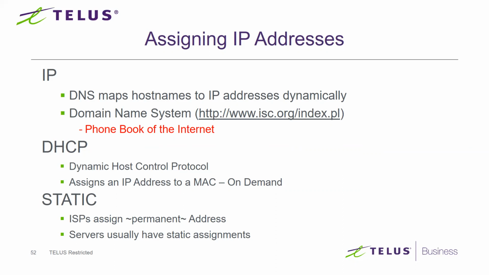DNS does that for me. I need to get a hold of ringcentral.com. DNS does that for me. I need to provision a phone, which is pp.ringcentral.com/pp. What IP address is it? The DNS system does that for me. Whether it's cached or a fresh lookup, it all works essentially the same way through the internet and through your local network.